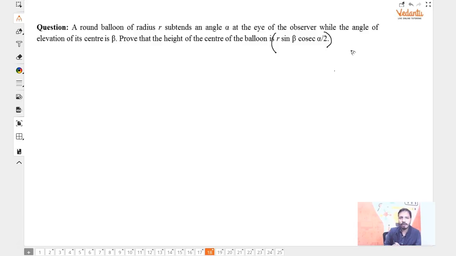So let me try to draw it. I will give you 2 minutes to solve it by yourself. Then I will solve it for you. Solve it, guys.